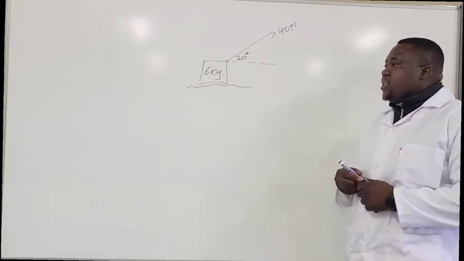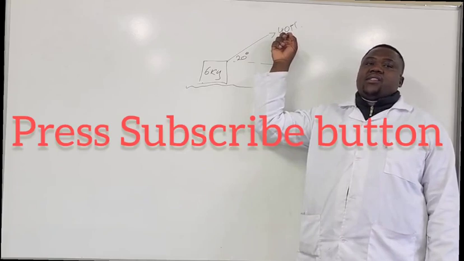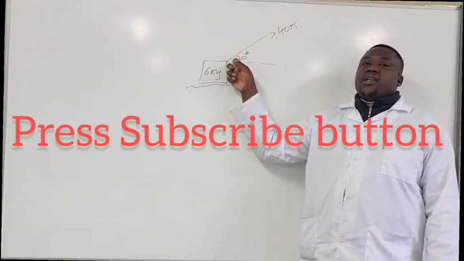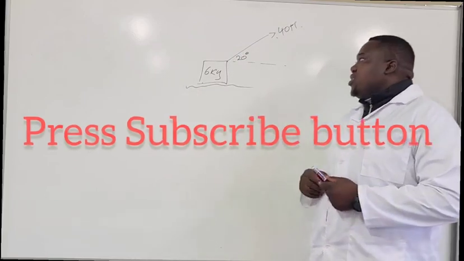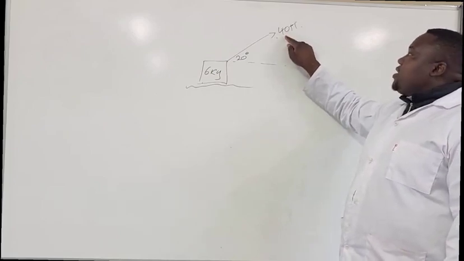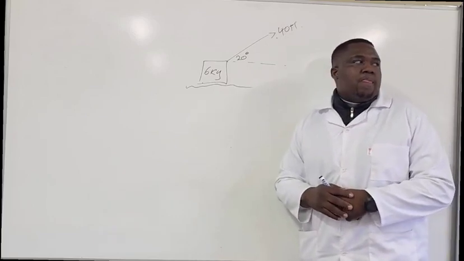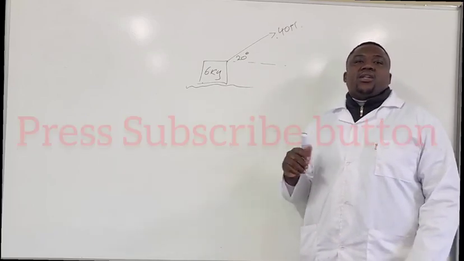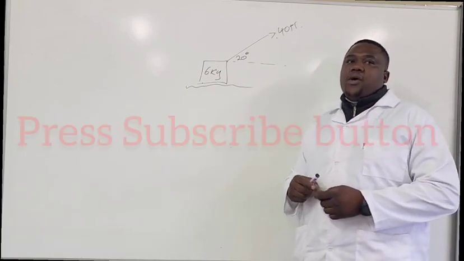Can you see that the applied force is acting at an angle of 20 degrees to the surface? So it means this applied force can be broken into what we call the components of the applied force.